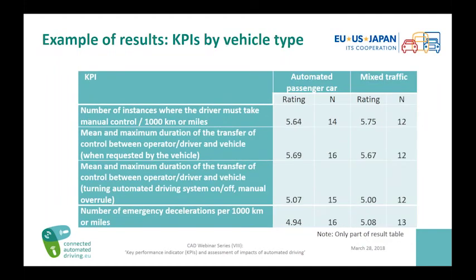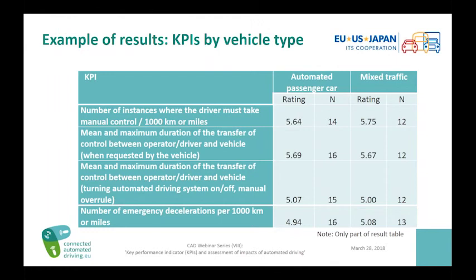So that was the average over all the data, and then we have the same tables, but now the ratings are divided based on the SAE level that they had chosen. So a certain KPI might be different for low level automation or higher level, but not the other way around.